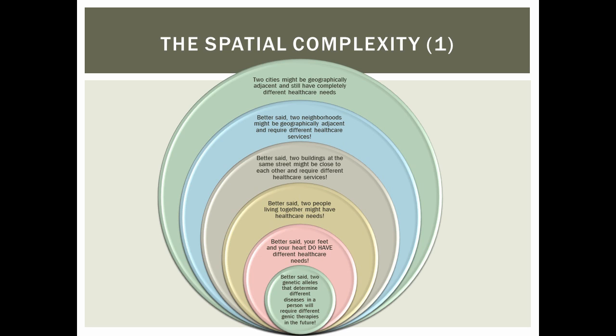Two genetic alleles living very close together in the nucleus of every cell of your body can determine completely different diseases, and they will require completely different genetic treatments. And so this is the spatial complexity of healthcare.